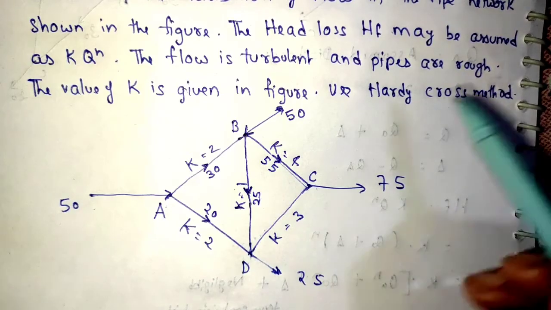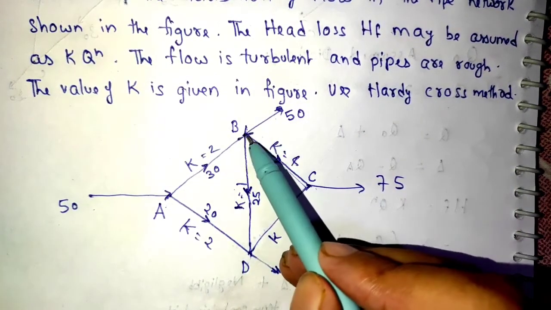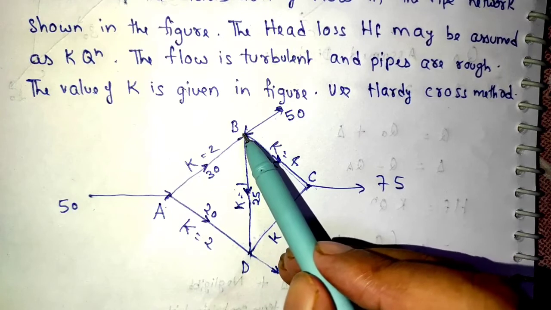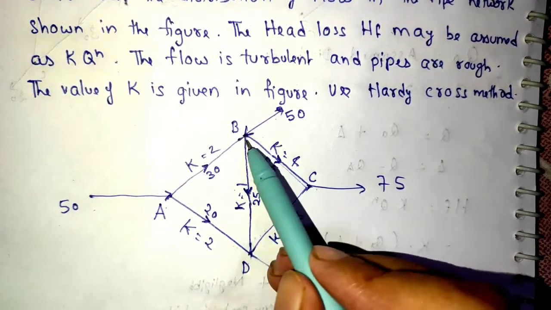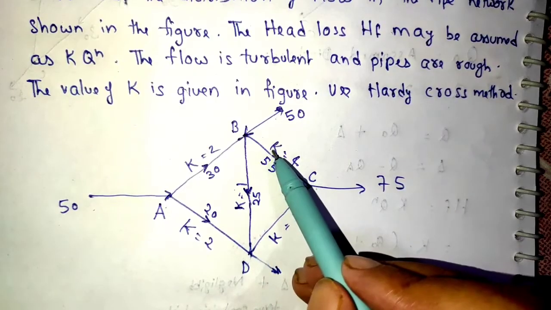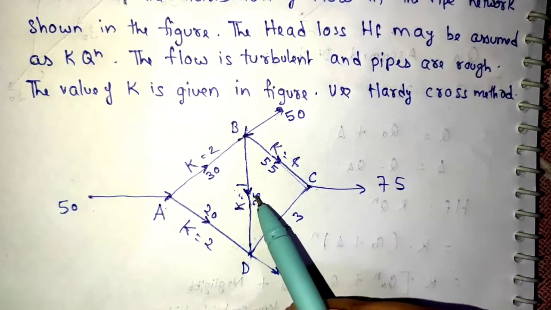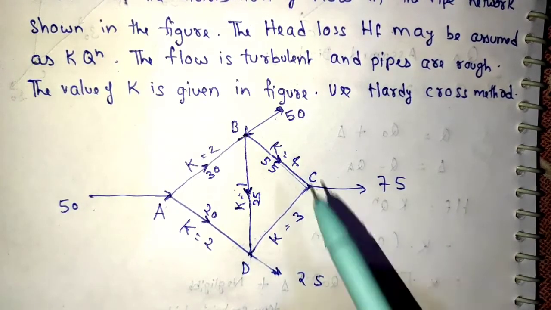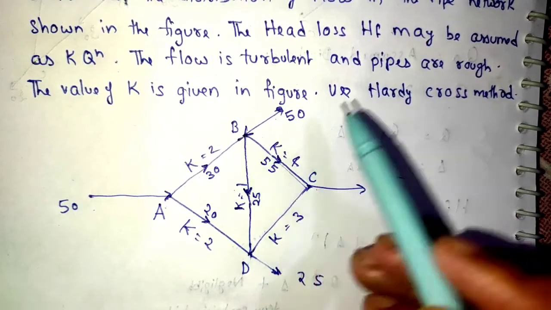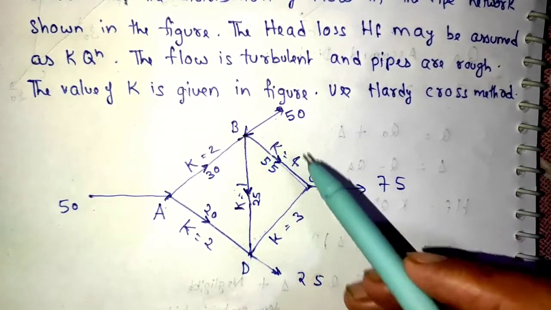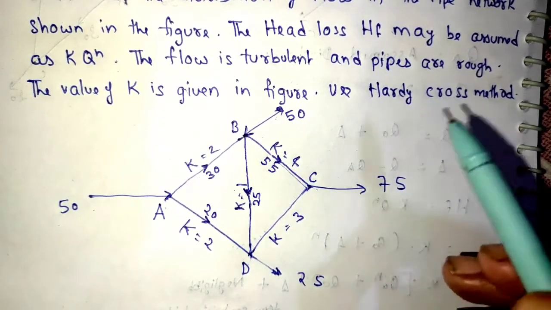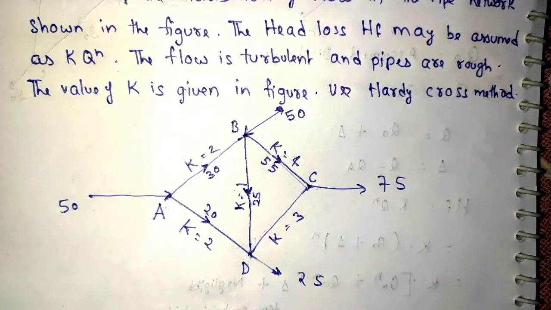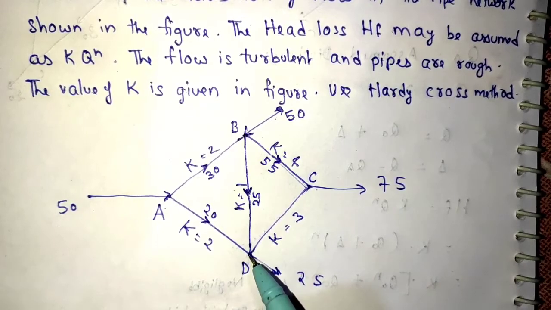So we had 80 at the point B, and 55 is exiting from here and 25 is exiting from here, which makes it total 80, right? So from the node B, 80 is entering into the pipelines BD and BC, and it is also the amount that is exiting.